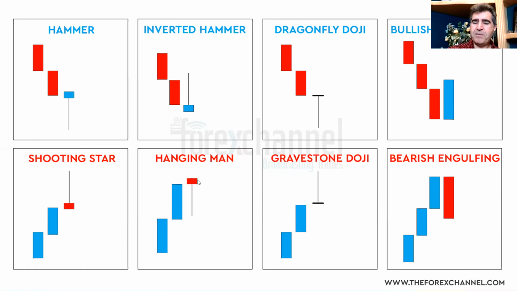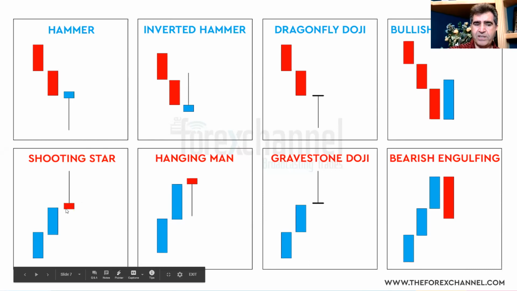Then you have the hanging man, which is similar to the inverted hammer or the hammer, but it signals a reversal when there is an uptrend. As you can see, the inverted hammer is on a downtrend. The shooting star is similar to the inverted hammer, except the trend is up.